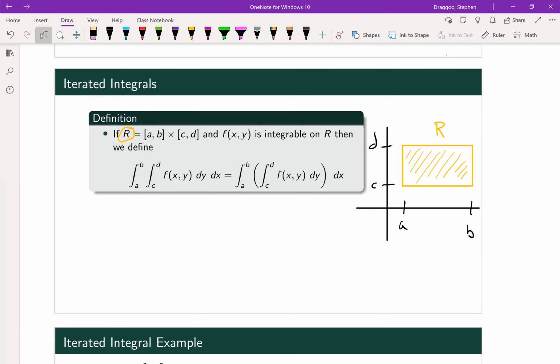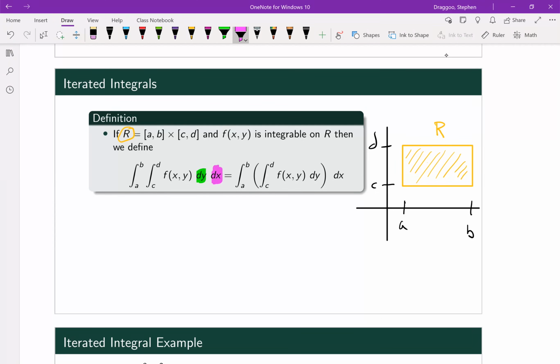And if our function f is integrable on the region R, then we define the iterated integrals, going from A to B and from C to D, to be first doing whatever integral is marked on the inside, which in this case is dy, and then doing the integral that's marked on the outside, which in this case is dx.